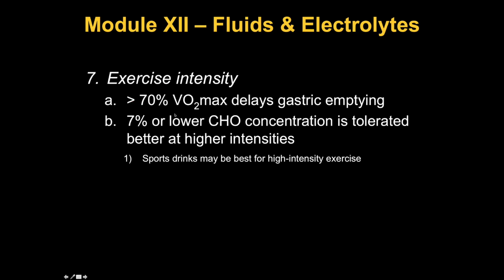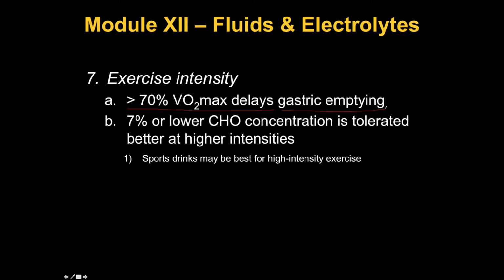As far as exercise intensity is concerned, we know that once you start to creep up to the higher intensities, so greater than 70% VO2 max, gastric emptying is going to slow. And if you think about it, this does make sense because there's a demand for oxygen, and so blood needs to be delivered to the working muscle.